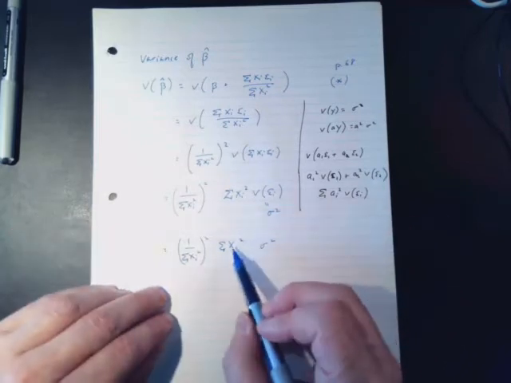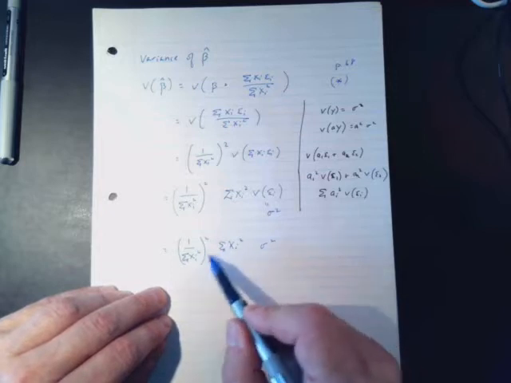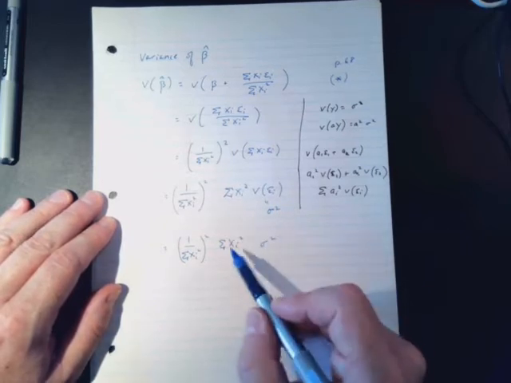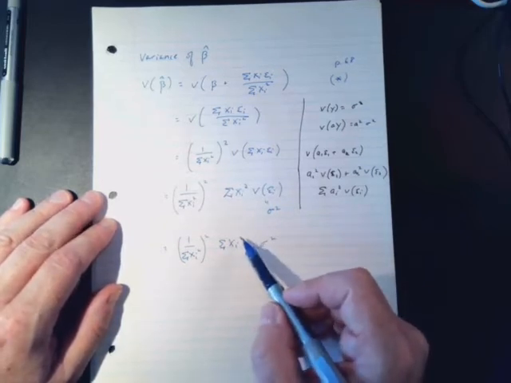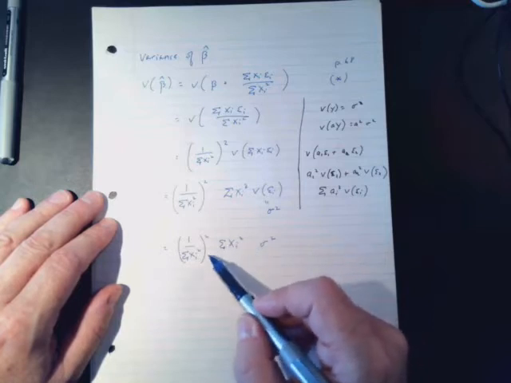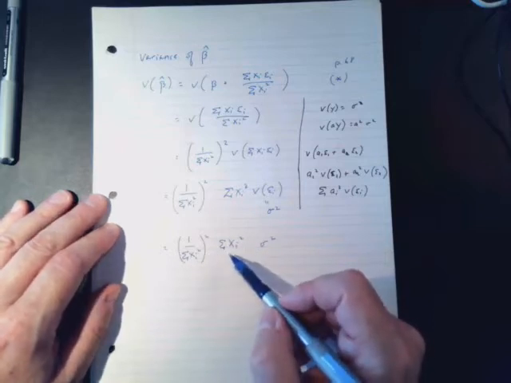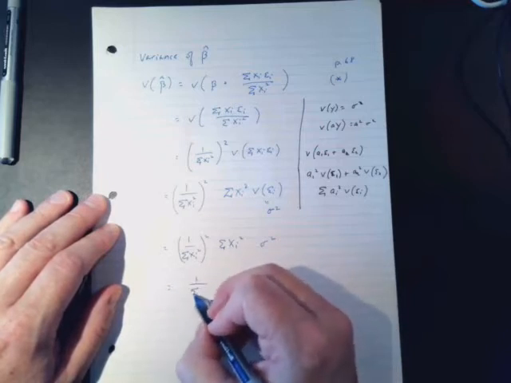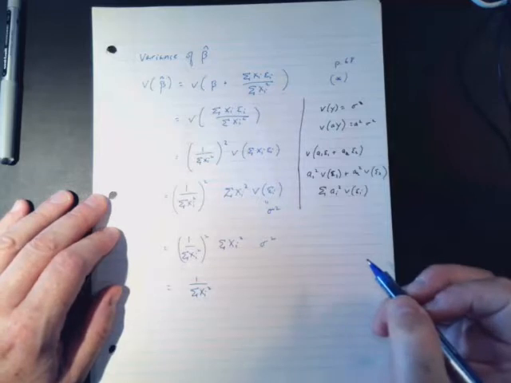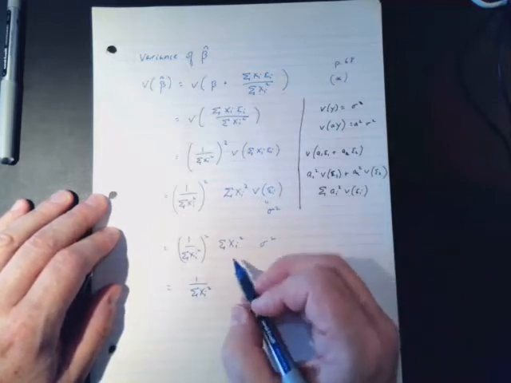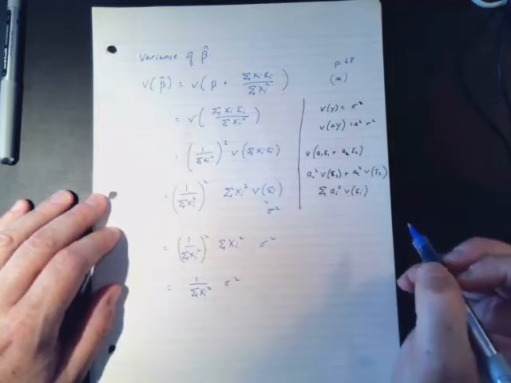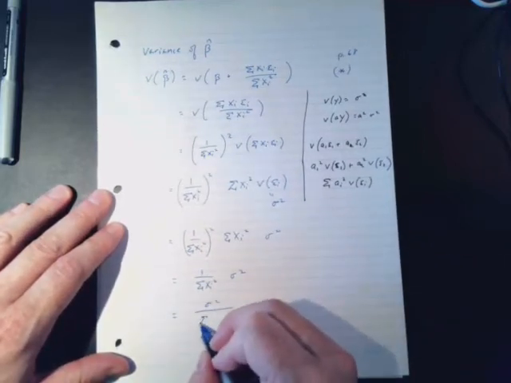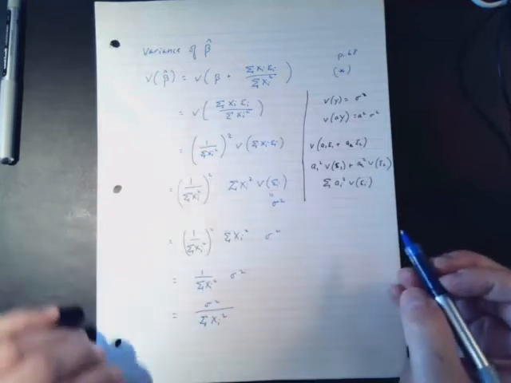And this expression here, although it might not be obvious at first glance, is a number divided by the square of that number. So the top and the bottom cancel out, and we are left just with the number, in this case sum of x_i squared on the bottom times sigma squared. Or we can just write sigma squared over the sum of x_i squared.